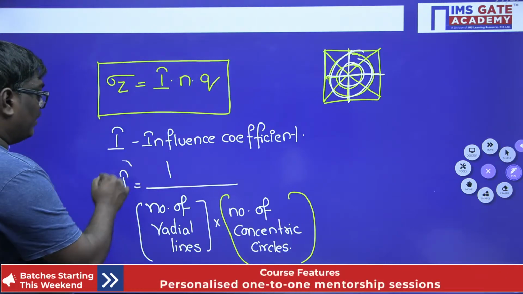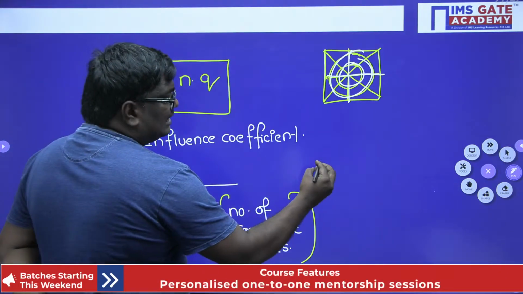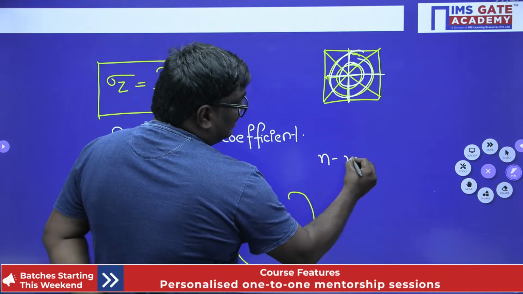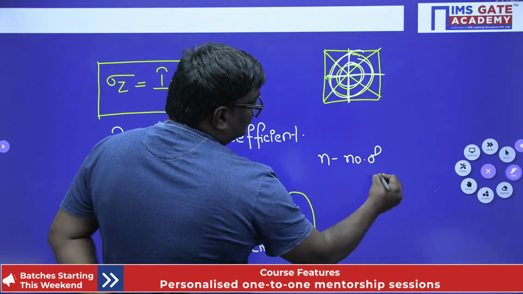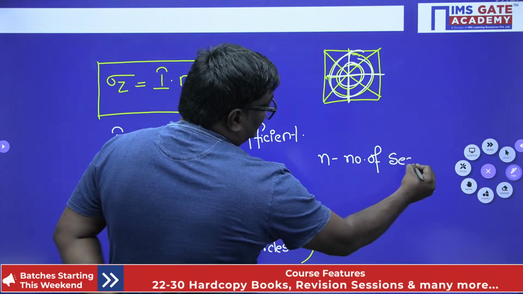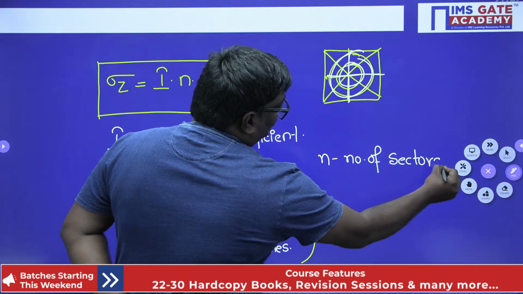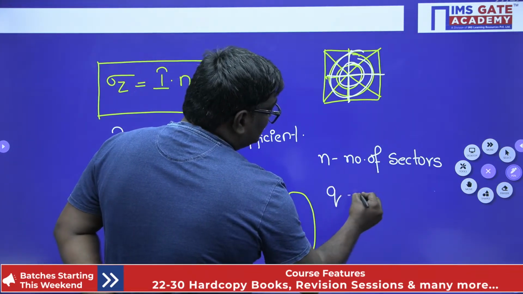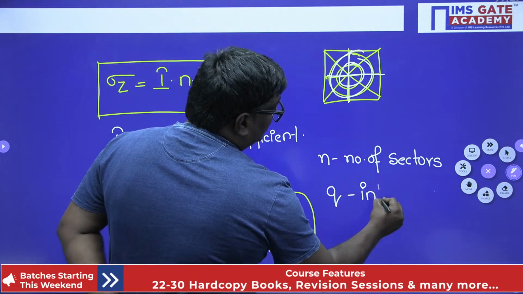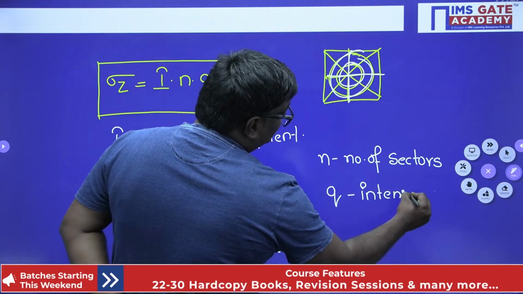And N is the number of sectors, and Q is known as the intensity of loading.